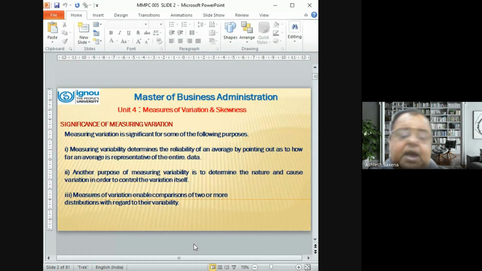Secondly, another purpose of measuring variability is to determine the nature and cause of variation in order to control the variation itself. And third, measures of variation enable comparison of two or more distributions with regard to their variability.